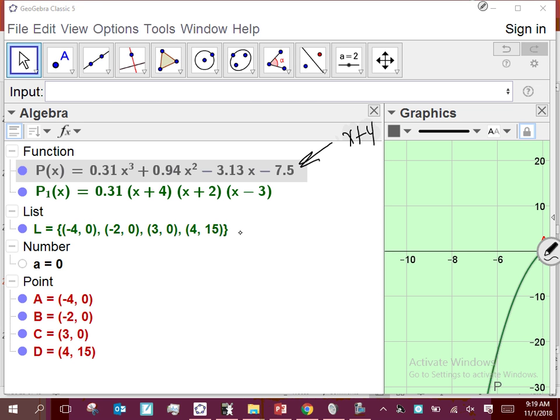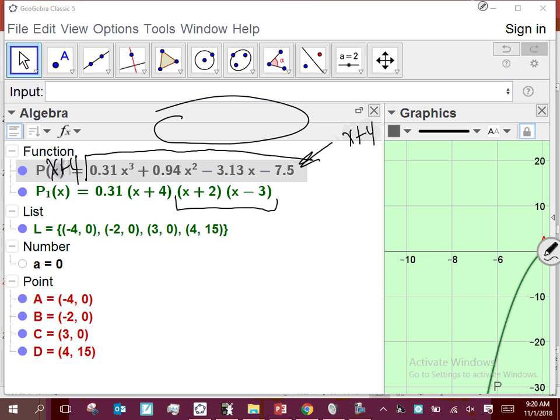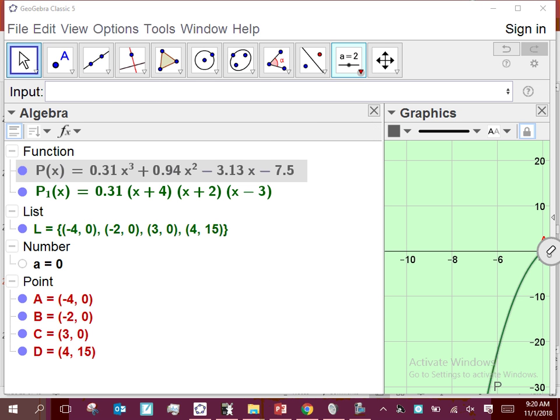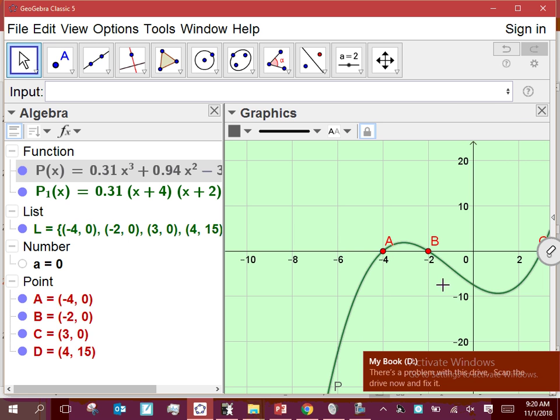You guys remember last year putting that underneath the division bar, putting x plus 4 out in front and going through the long division? When you do that long division, it's going to give you a quadratic up here. Well, that quadratic is going to produce those two other zeros, or those two other factors. So we're going to work through that process here eventually, but that's what our overall goal is, so we can understand these zeros here.